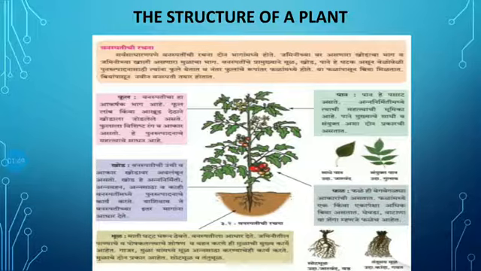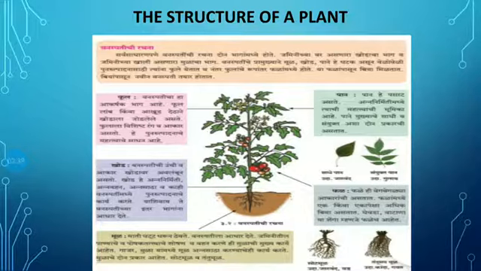Okay, in this structure we have to see the information about the first part of a plant, that is the root. See the information about the root. Roots hold the soil firmly and anchor the plant. The main functions of the root are to absorb and transport water and nutrients from the soil. See, these are the functions of root.